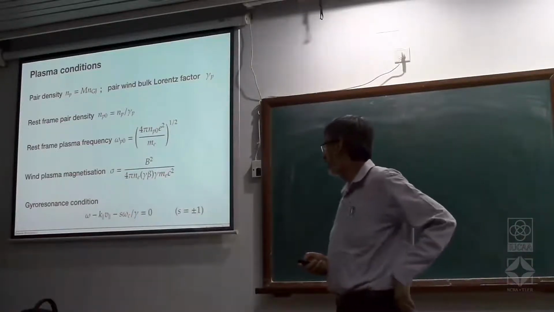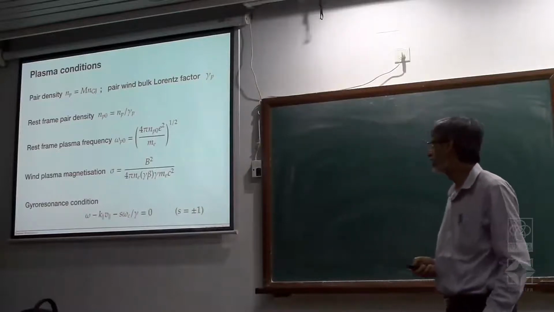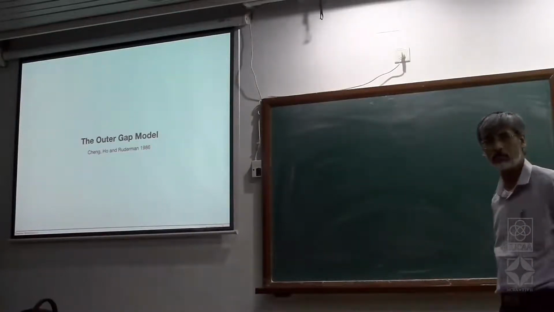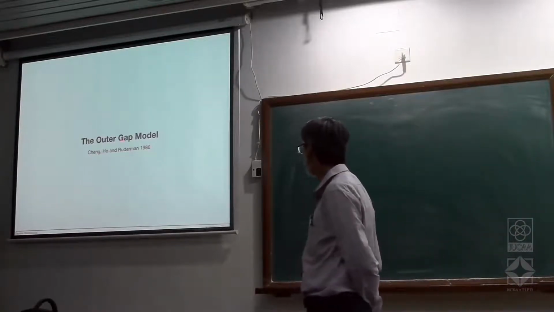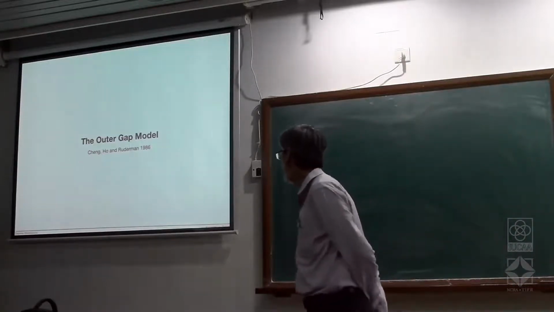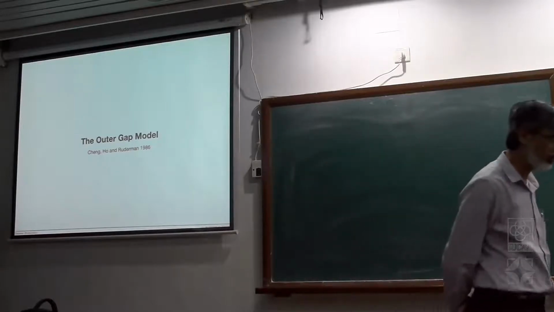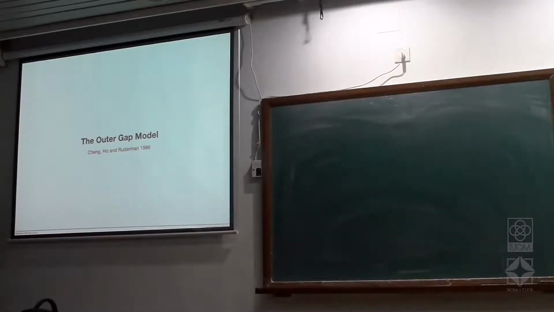Okay. So what I'm going to discuss today is what's called the outer gap model. This was proposed by Cheng, Ho and Ruderman in two back-to-back papers in 1986.